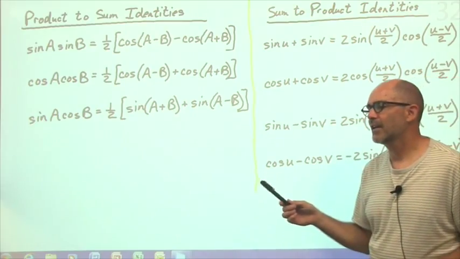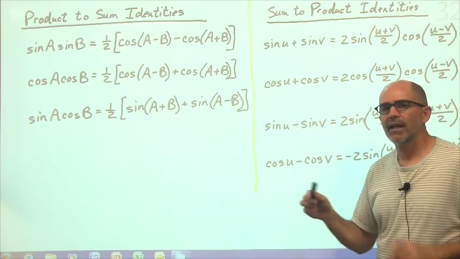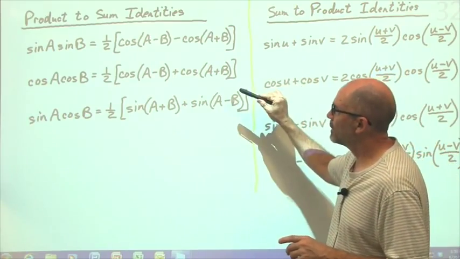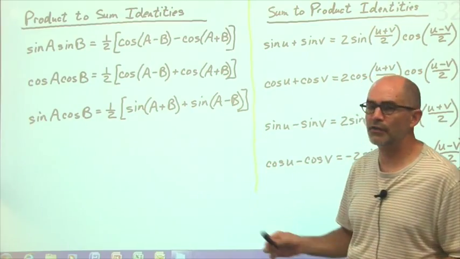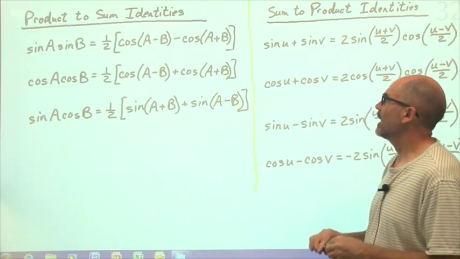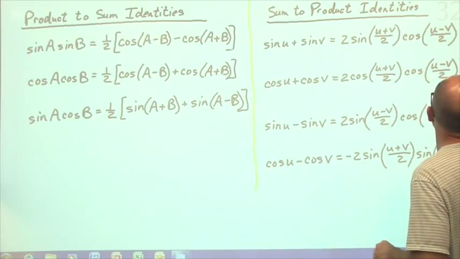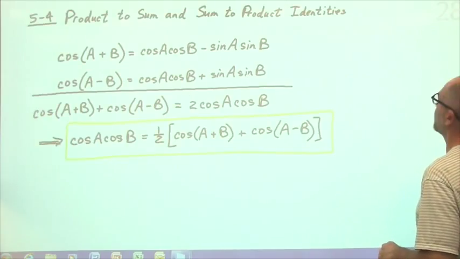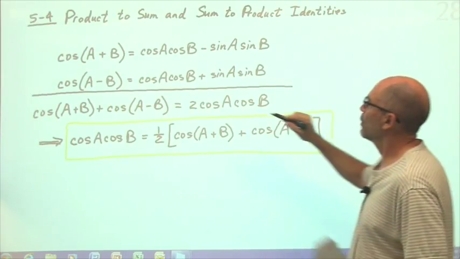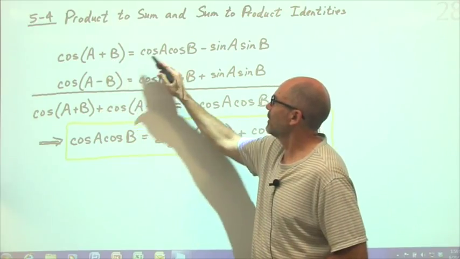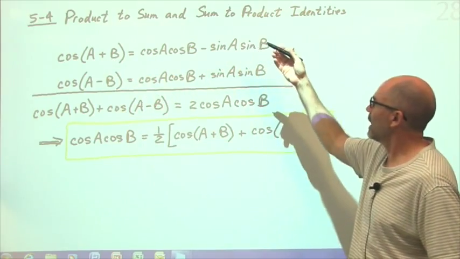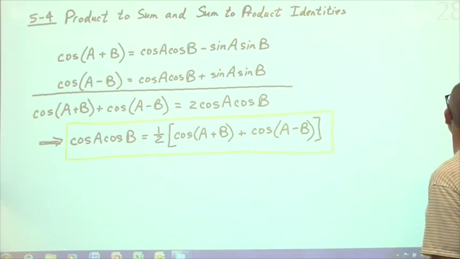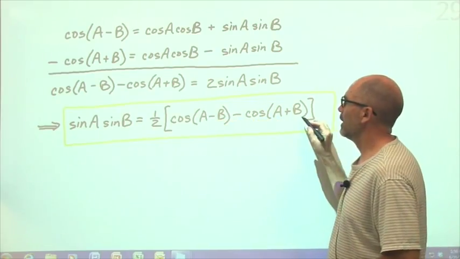one thing that you always have an option when there's something to memorize, that is, you could memorize it or you could just remember how to derive it. So if you can go through basically what we just did, if you can remember the cosine of the sum and the cosine of the difference and realize, okay, if I add them, I'm going to end up with one product, and if I subtract them, I'm going to end up with another product.